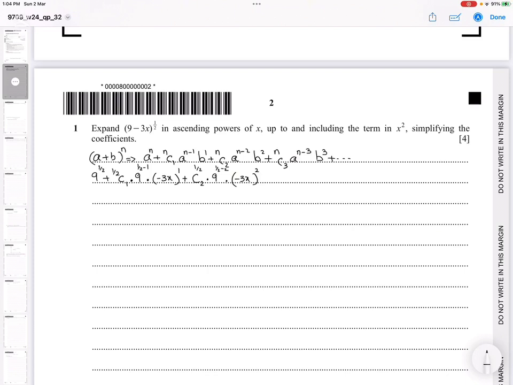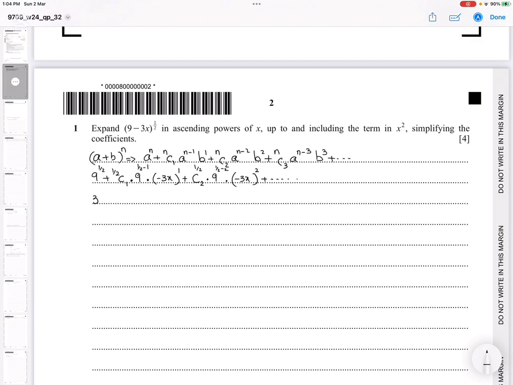So now I'm going to simplify this. This is 9 power 1 over 2 is 3. And my 1 over 2 C1.